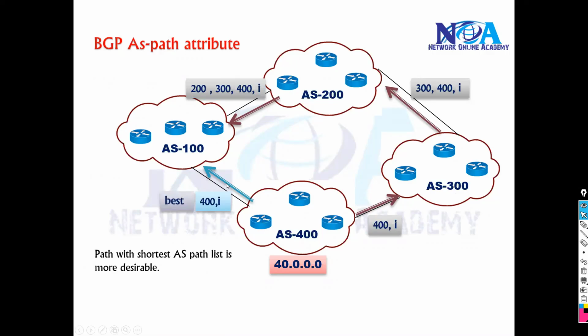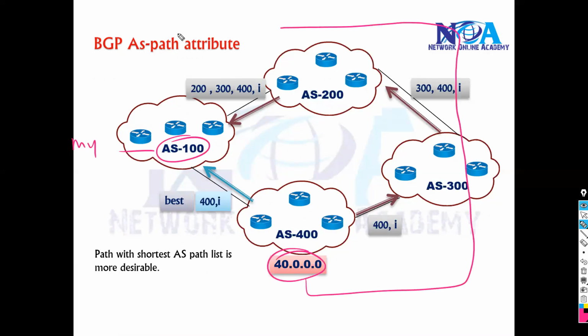And one more thing, whenever you are receiving the same routes from both sides, let's say this is my AS, and I'm receiving this 40 network from this side. If I receive from here, there are 3 AS hops, because you have to go through 1, 2, and 3.